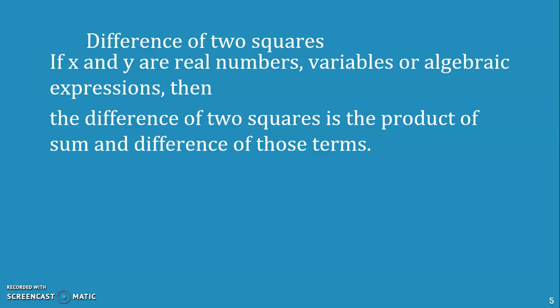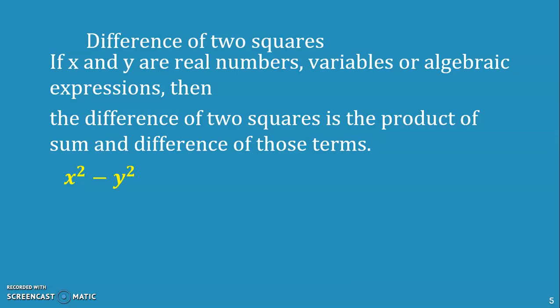So, ang difference daw ng two squares, kung meron tayong x and y or the first term and the second term are real numbers or pwedeng variable sila or algebraic expressions, then the factor of the difference of two squares is the product of sum and difference of those terms. So, titingnan natin.